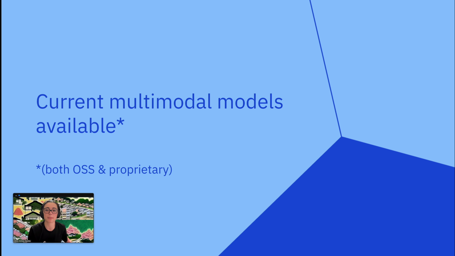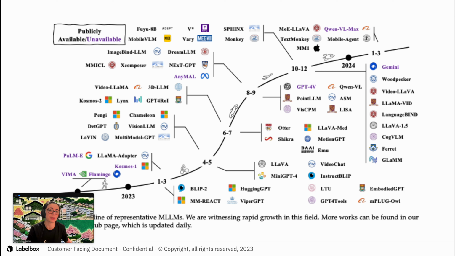So, current multimodal models available. There's a bunch, and it's definitely increased over the last 2 years specifically. Some really popular ones include GPT-4V, Qwen, Gemini, Flamingo, you name it.